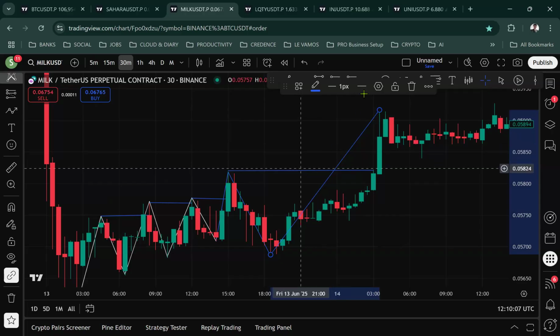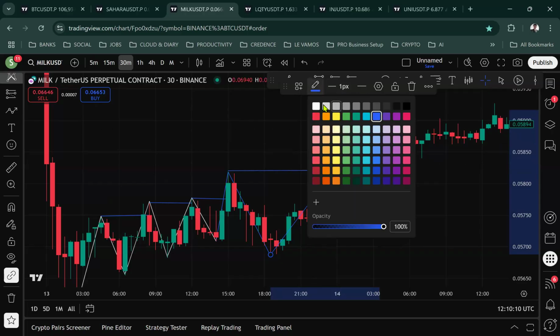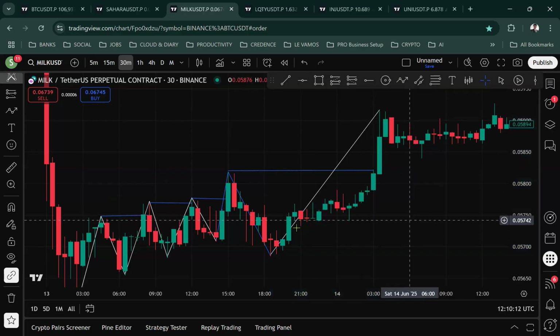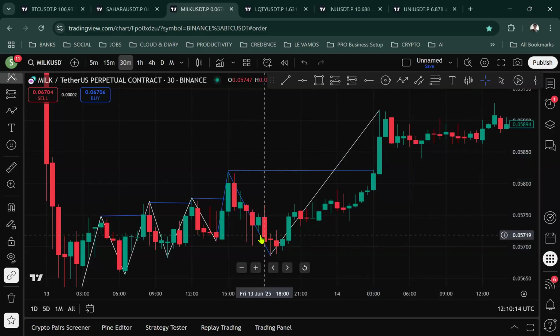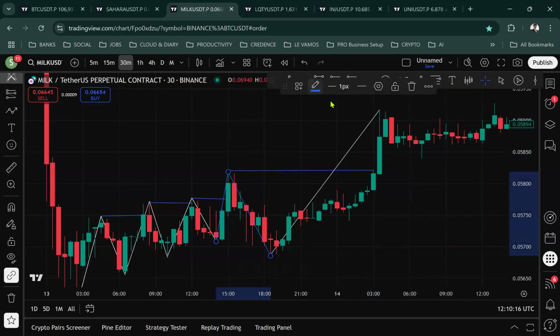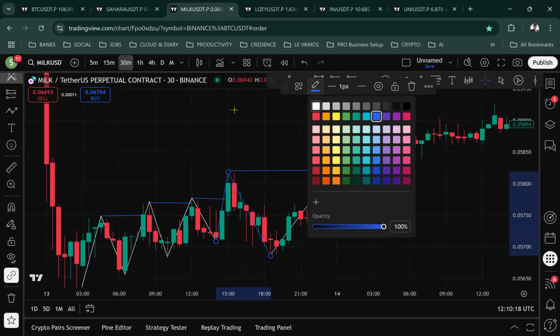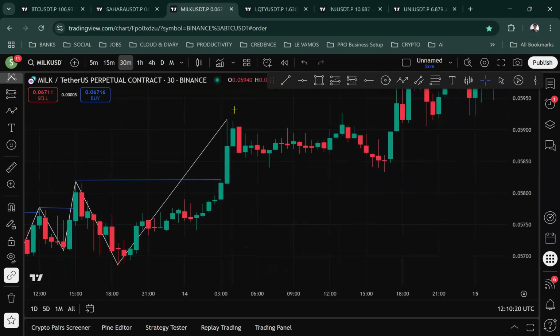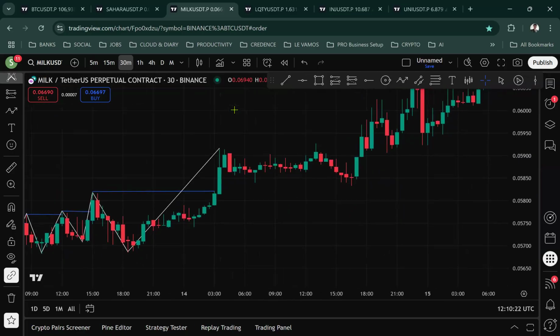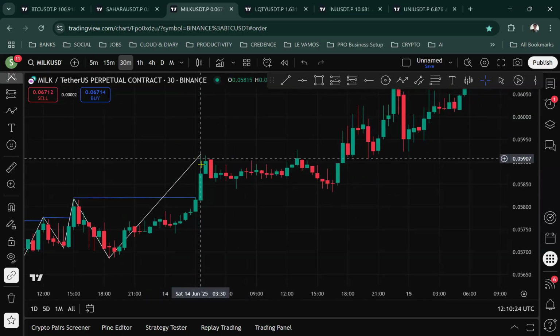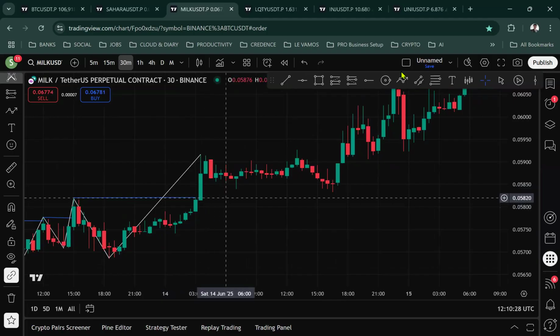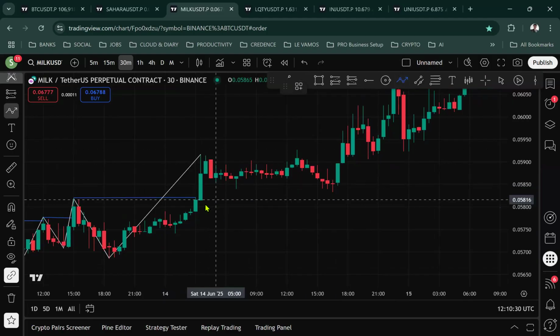Here, but I cannot see any candle which crosses this highest one.